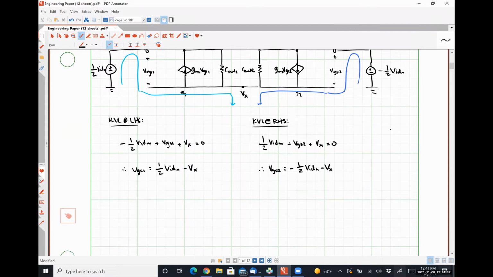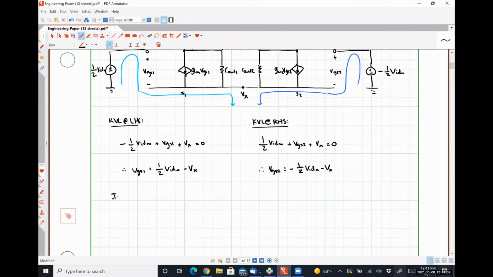So if RD are identical resistors, and M1 and M2 are identical transistors, then we should see that gm1 is equal to gm2.